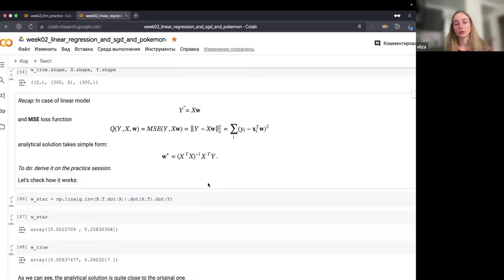Also, when you solve a linear regression problem and use the linear regression algorithm, you can get your solution with the help of two methods. The first method is the analytical solution, which you can see on my screen.